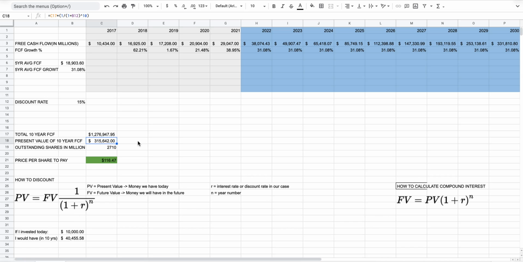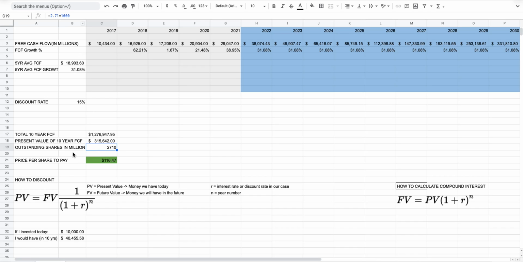Now, we have an outstanding shares count here in millions: 2.71 billion multiplied by 1,000 to make it millions. That's the outstanding shares of Alibaba in this case. So if you are calculating your own company, you need to change this to reflect the company you are calculating for.